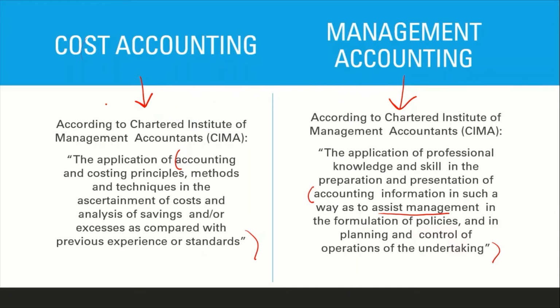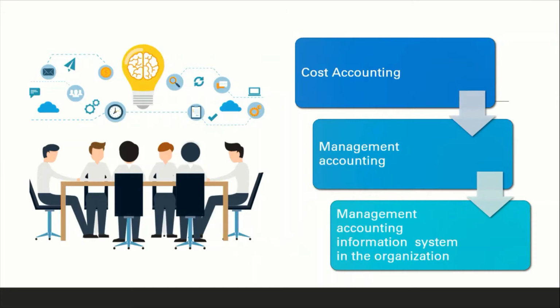And then next, the information will be used by the management to formulate policies and planning and control of operation. And you can see that even though that's for the inside, we start with cost accounting first, and then the information will go to management accounting. So in the next slide, you can see the actual flow.